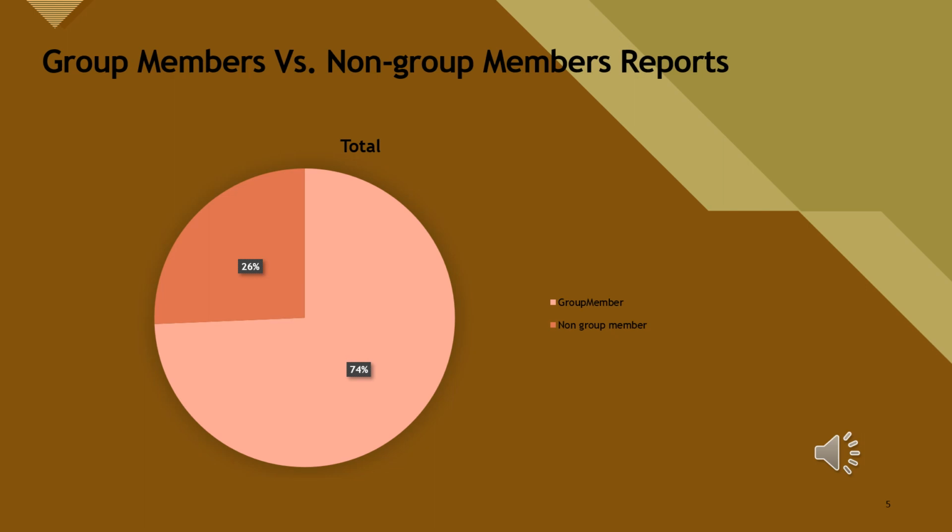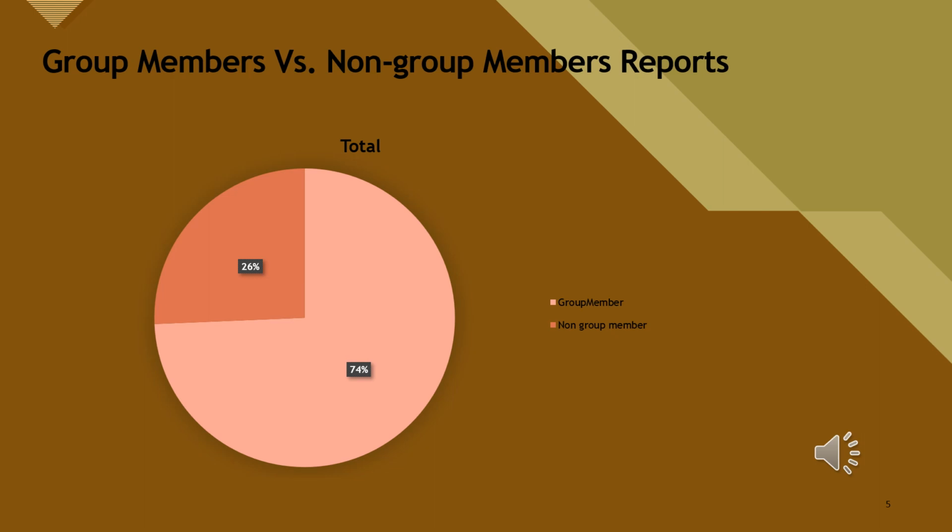Another thing I want to add is, although there are only 2 groups for the reporting system, they work together. So just because group members hold the 74% of the record keeping, it doesn't mean that the non-group members aren't being implemented just as much.